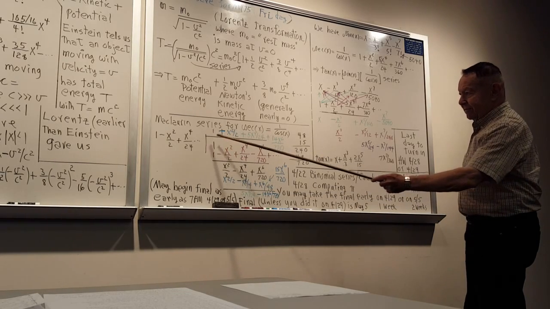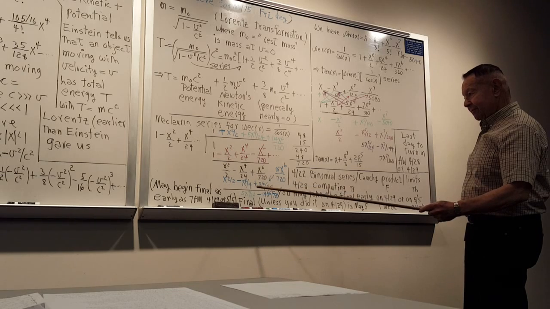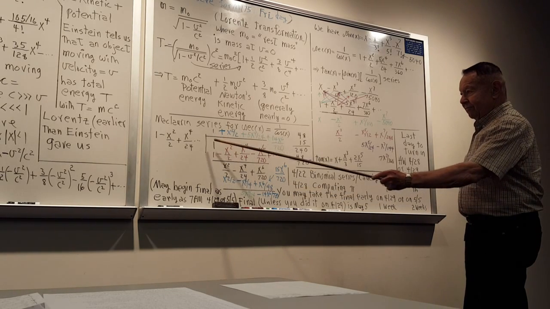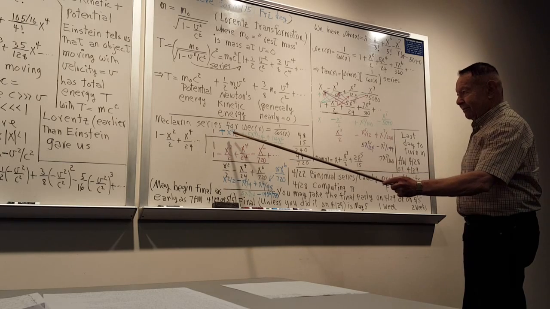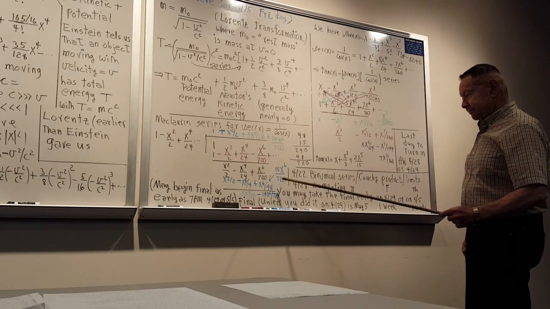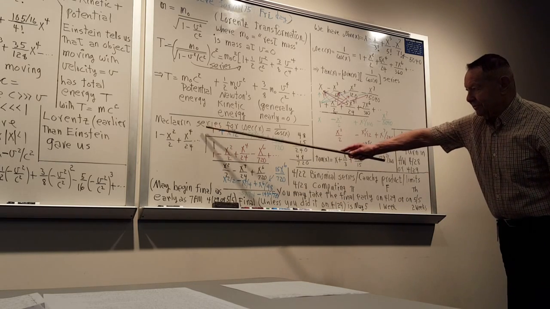And then you get the plus x sixth over 48. And then if you went another term here and did the product, you'd get, well, I didn't do that, but you could go on.